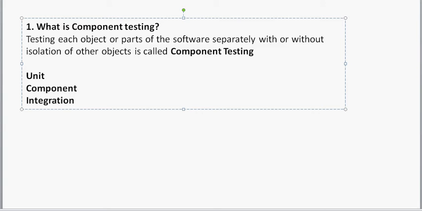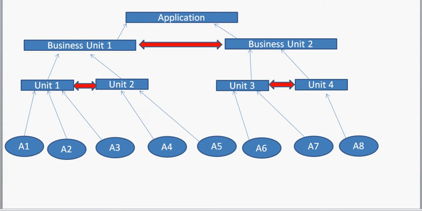Now let's see some details on what component testing is. This is the flow chart of the application. Then you have 2 units, business unit 1 and business unit 2, and business unit 1 has another 2 subunits, unit 1 and unit 2, and business unit 2 has another subunits, unit 3 and unit 4.